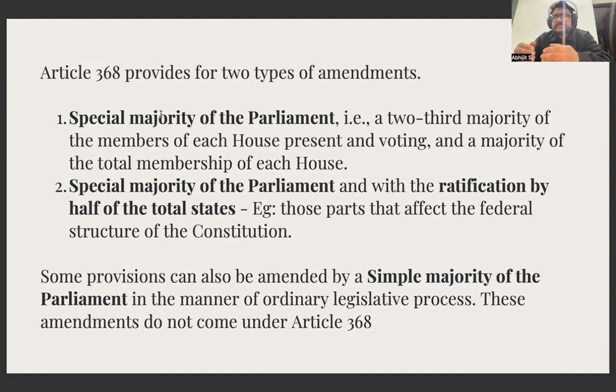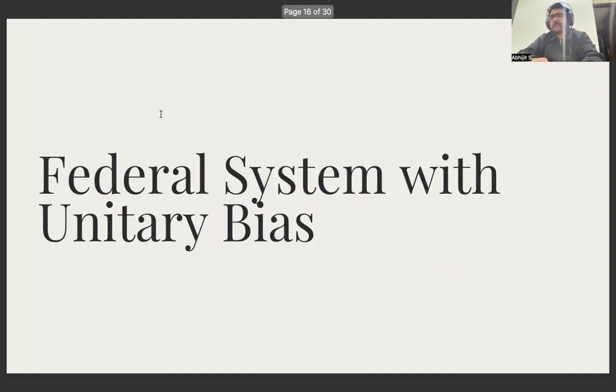Now, the simple majority that I mentioned earlier would not come under the provisions of Article 368. So it is a blend of rigidity and flexibility. Now again, it is a blend of the federal system and a unitary system, but it is not exactly equal.